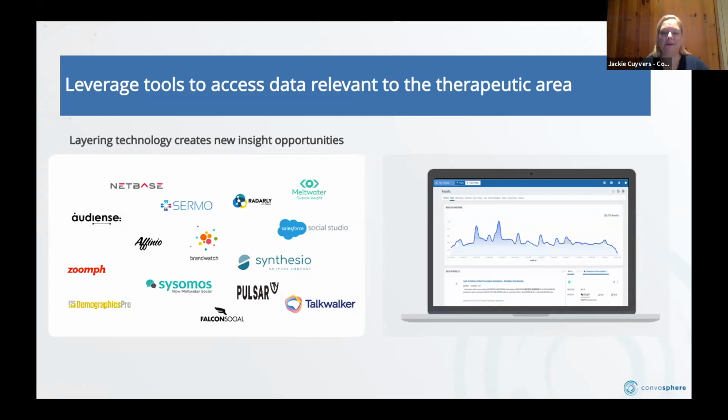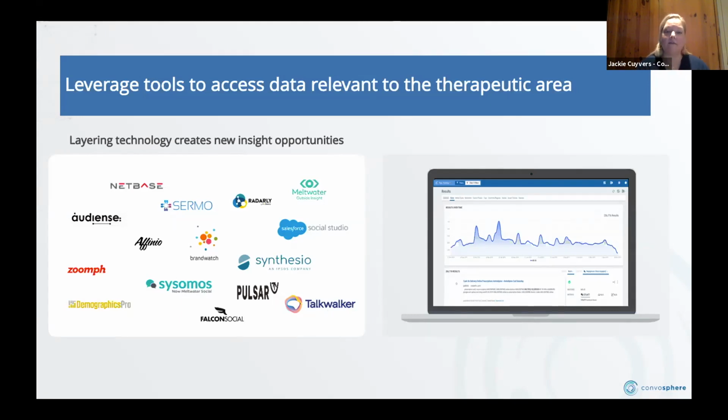So it's really important that you understand that there are tools out there. In this case, social listening tools. Something like a Talkwalker or a Brandwatch or a Sysomos, they're all very, very similar. They license data. They've been collecting it and storing it in their data sets for years.